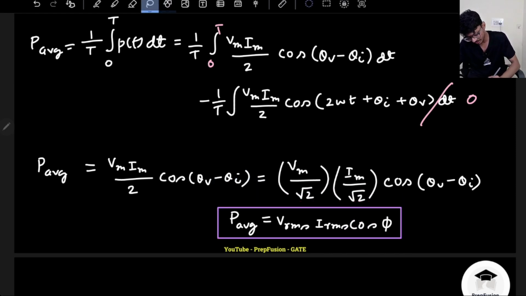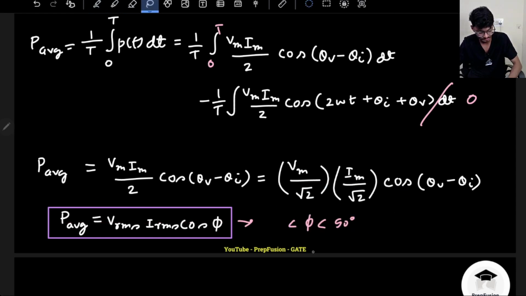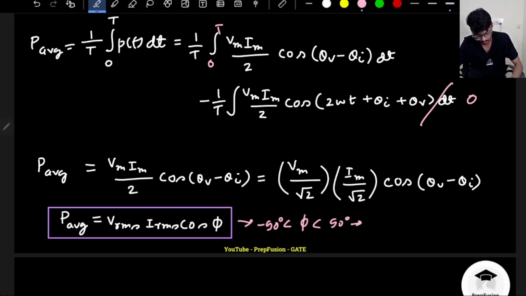Okay, so for passive networks, phi will be between 90 degrees and minus 90. I have already explained why it lies between minus 90 and 90. It will only lie in the first and the fourth quadrant. So this is the case for a passive network. That means cos of phi will always be positive, so my average power will always be greater than or equal to 0.